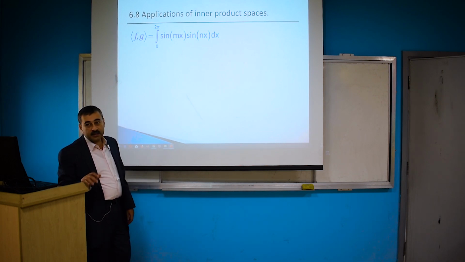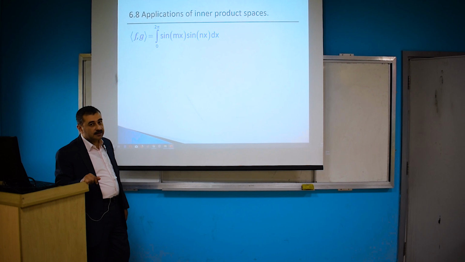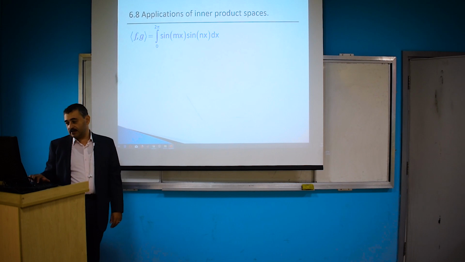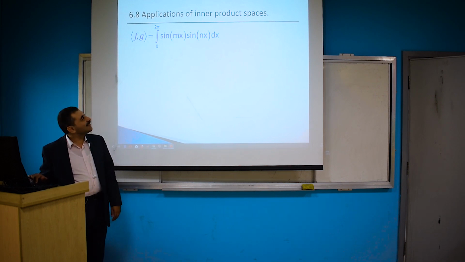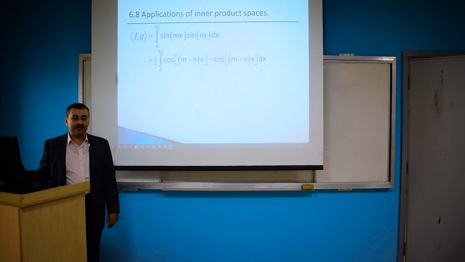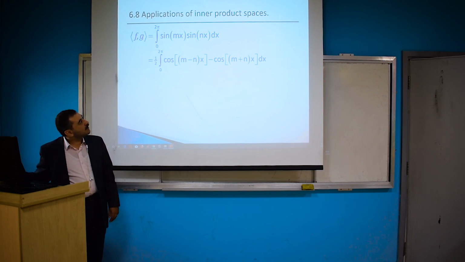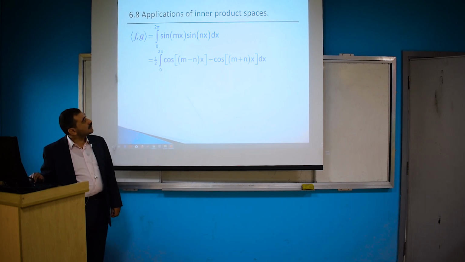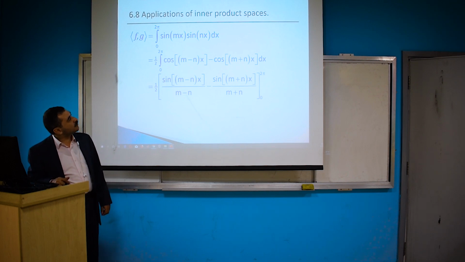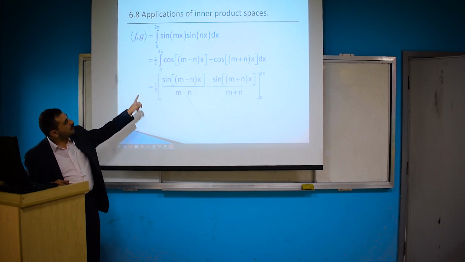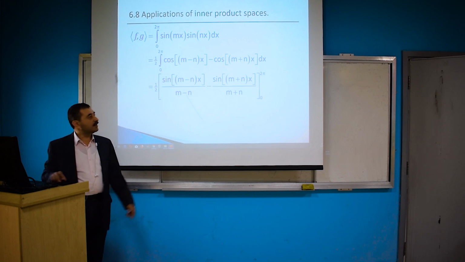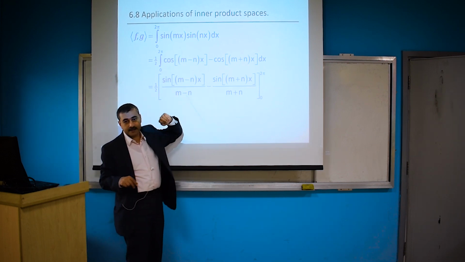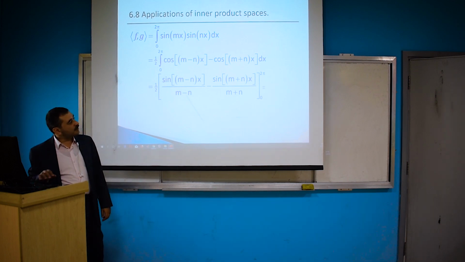According to the trig identities, you can write the product of sines as half cosine of the difference minus cosine of the sum. Then you integrate and get sines over the coefficients. Substituting 0 and 2 pi, you get 0, as these are positive integers. So we get 0, and these functions are orthogonal.